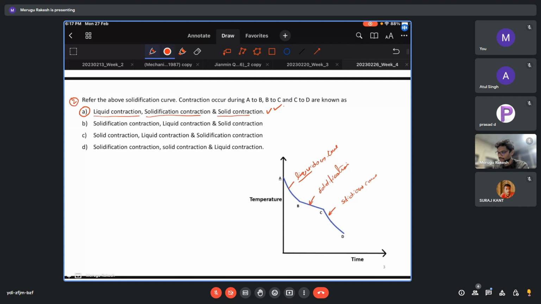Can anyone tell me, here we have temperature against time. Is this for pure metals or alloys? I'm asking regarding this curve.